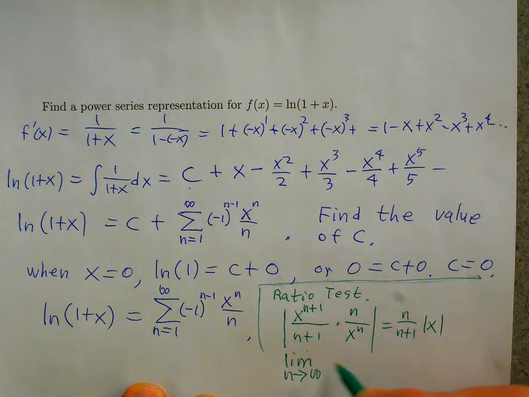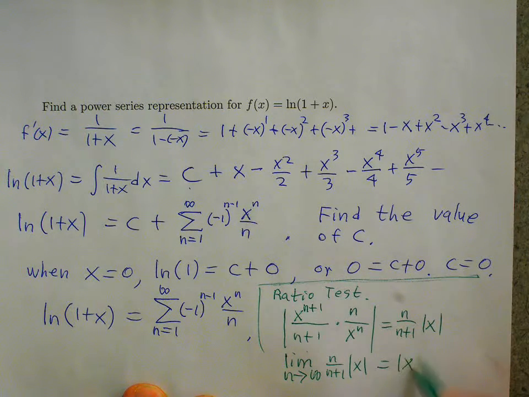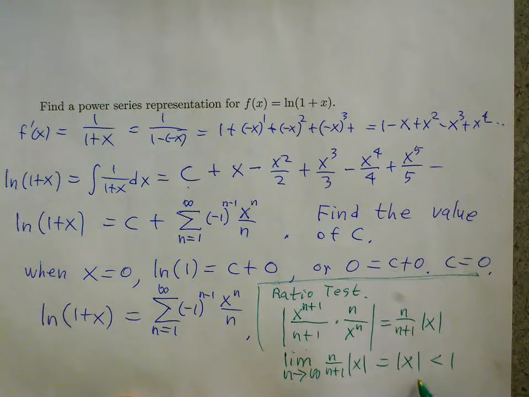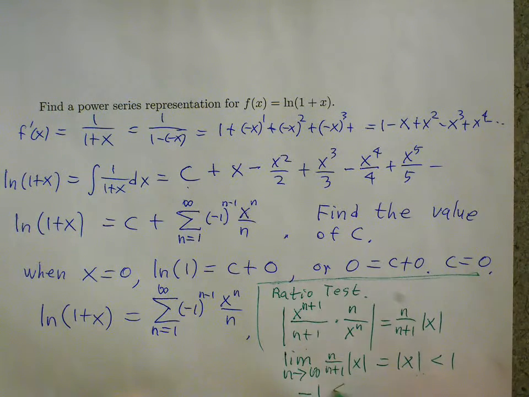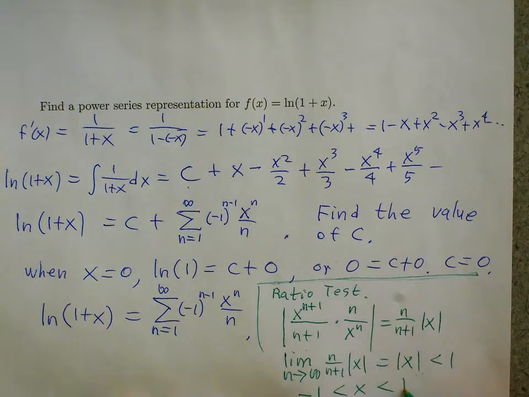So that goes to 1 times the absolute value of x. Yeah, this limit is the absolute value of x, which has to be less than 1 if the series converges. And so the radius of convergence is 1. And negative 1 is less than x, which is less than positive 1.